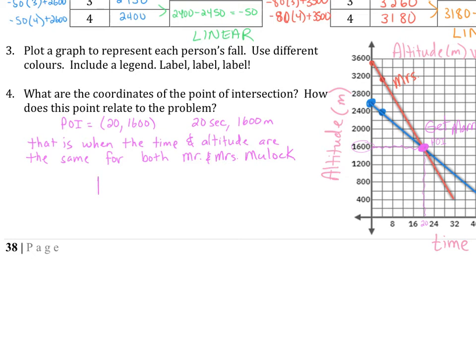So basically before that, so before 20 seconds, Mrs. Mulock was at a higher altitude and Mr. Mulock was at a lower altitude.